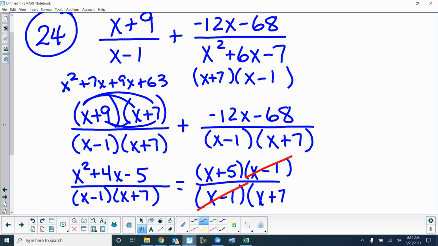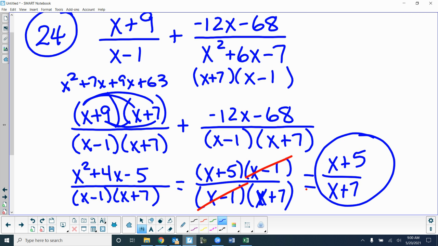Cancel, right? So the answer is x plus 5 over x plus 7. That's the next. It's almost like a line. Does it ask us to do any values? No. We don't have to do any restrictions for that.